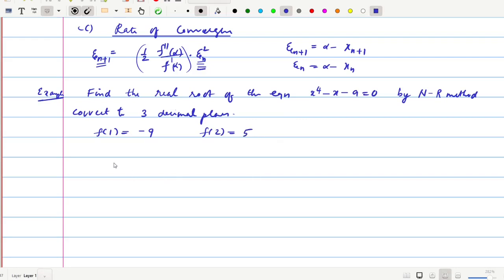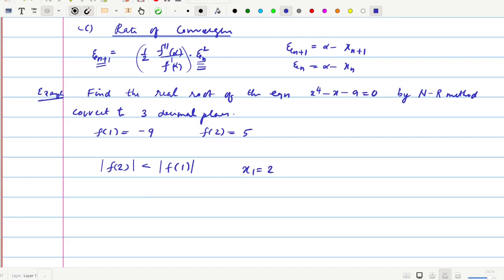The modulus of f of 2, that is 5, is less than the modulus of f of 1. So we can take the initial approximation x1 or x0 as 2.